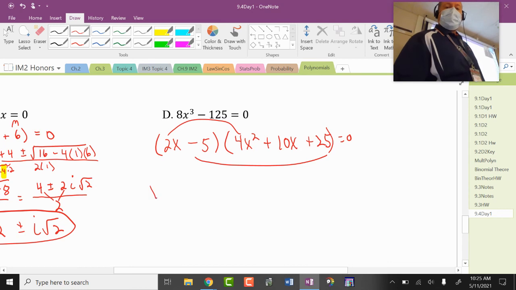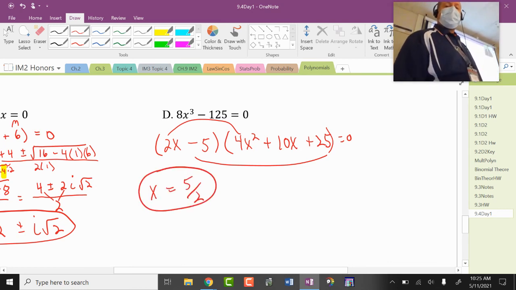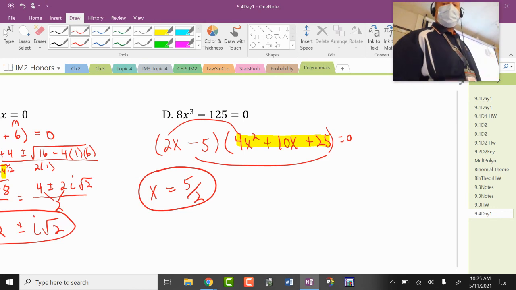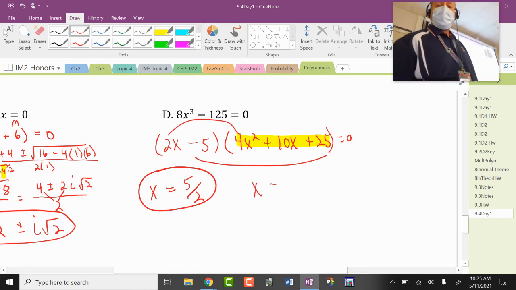So the first thing is x equals 5 halves. Don't forget that one. Second one, I have never, ever seen this part factorable. As a matter of fact, this always has imaginary solutions. So what do I have to use? Quadratic formula.